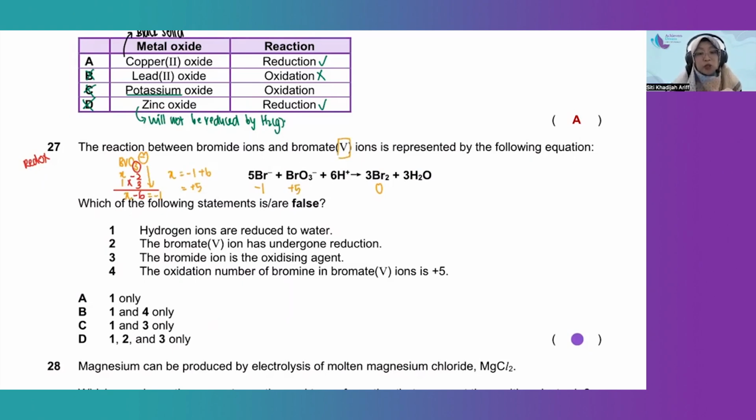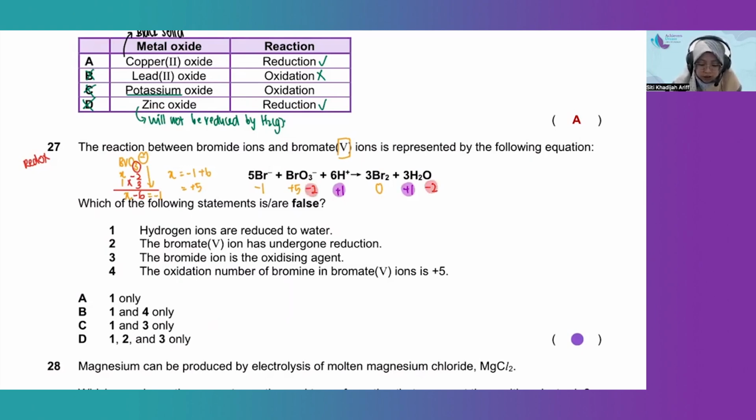Let's also determine the oxidation state of the remaining 2 elements, oxygen and hydrogen. For oxygen, in compounds its oxidation state is minus 2. For hydrogen, in the H plus ion it follows the charge of the ion, plus 1, and the oxidation state of hydrogen in most compounds is plus 1. I hope you can see that the oxidation state of hydrogen remains at plus 1 and that of oxygen remains at minus 2.